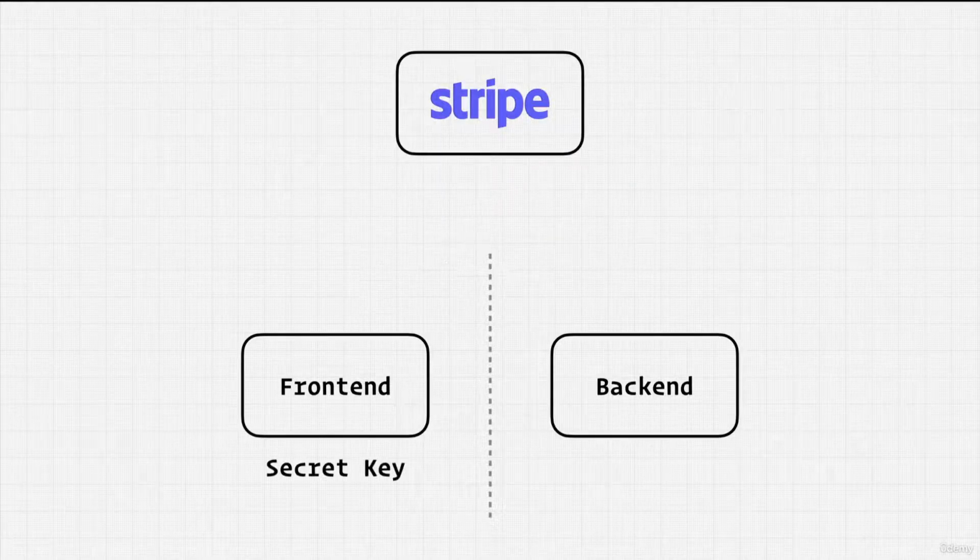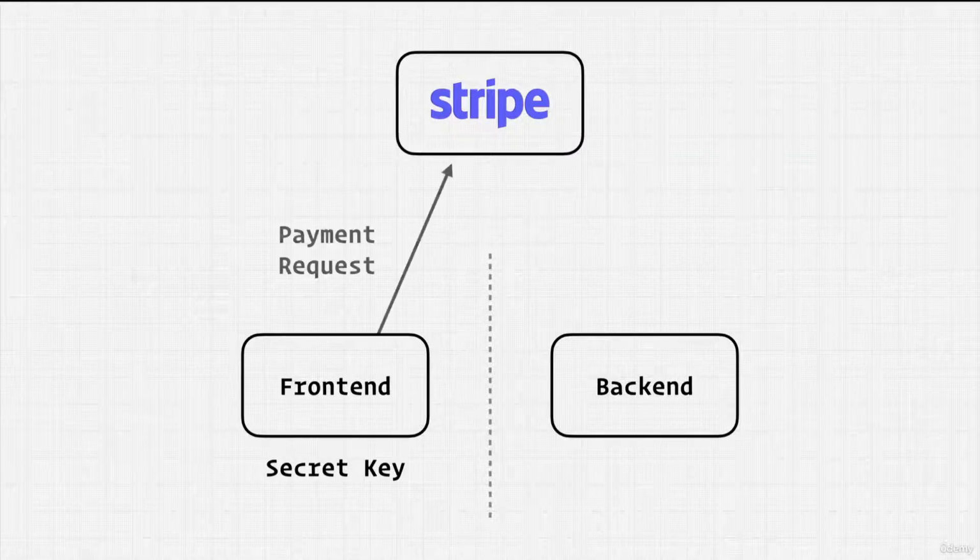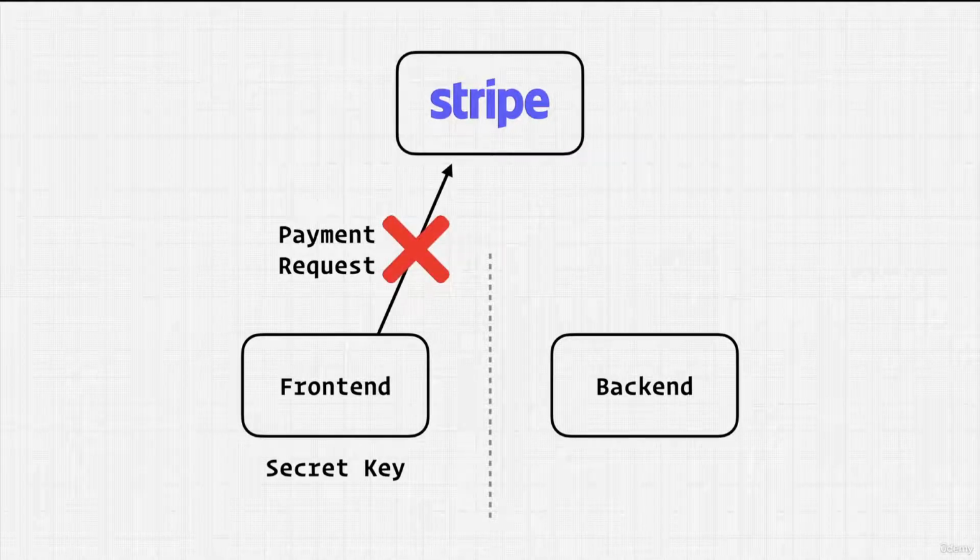If we were to keep this secret key on our front end, which is a very common thing that you will notice, is that a lot of third-party applications will give you a secret key. If you keep it on the front end and you try to make a payment request from your front end, passing the secret key to Stripe so that Stripe knows that this is you, you'll notice that Stripe will block this payment because you are not allowed to keep that secret key on the front end because there is very limited security on the front end.